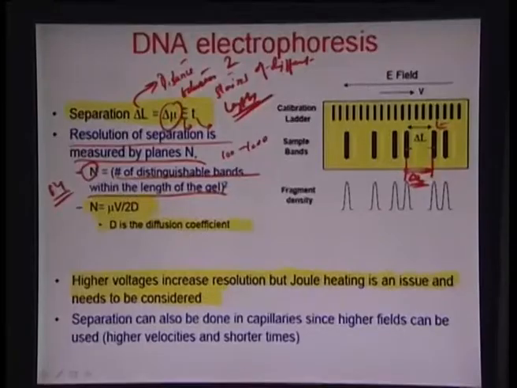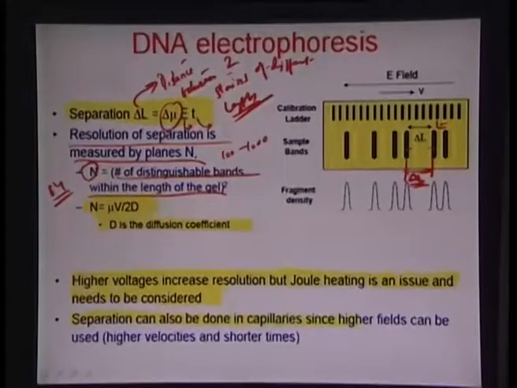So essentially that's one constraint offered by a gel matrix on the control of the voltage. And separation can also be done in capillaries, since higher fields can be used, higher velocities and shorter times can be achieved.